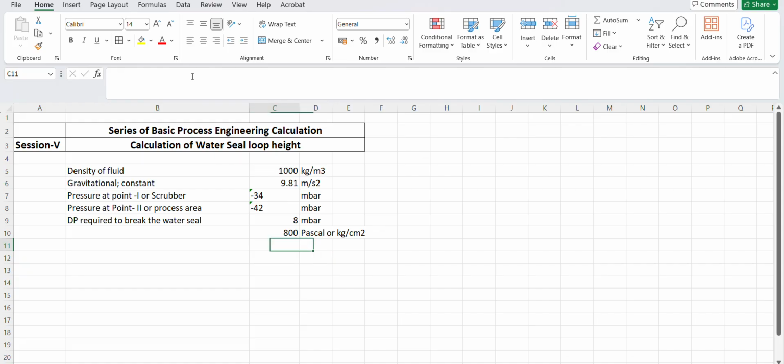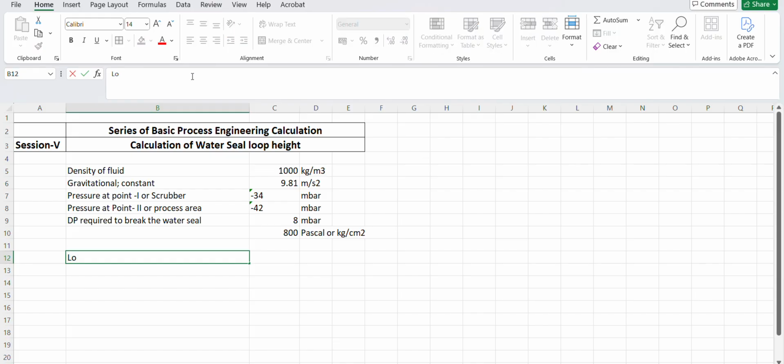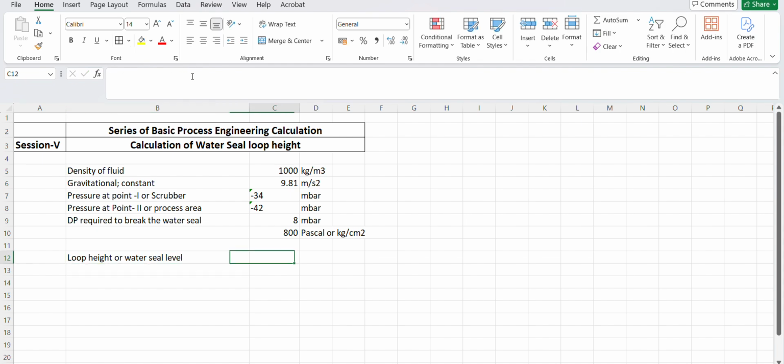To calculate the loop height or water seal level, we have P equal to rho into g into h.